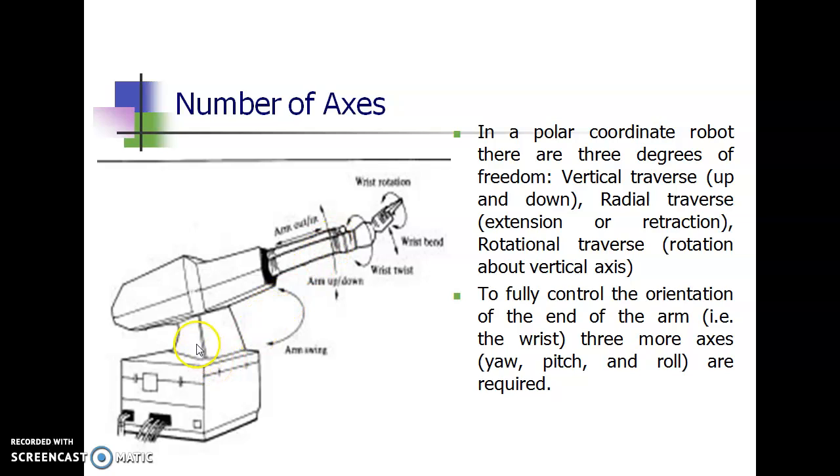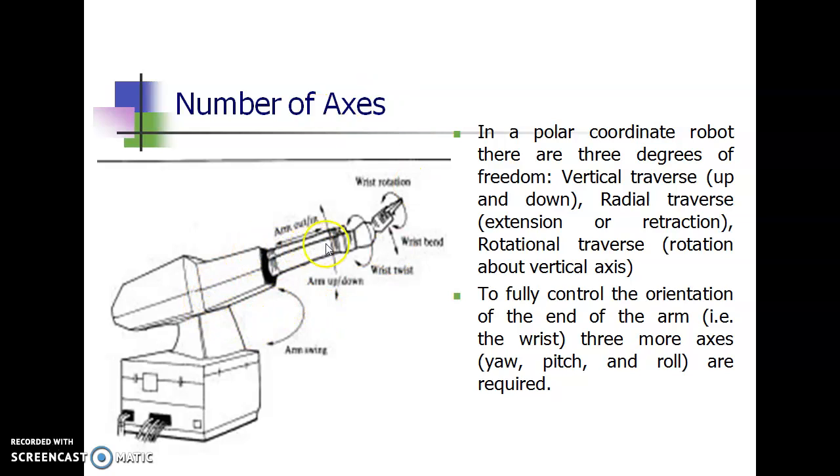And then a rotational traverse, so it can rotate. So it is T, R and L, because here there is one rotational axis, another rotational axis, and another linear axis. So it is having 3 degrees of freedom.